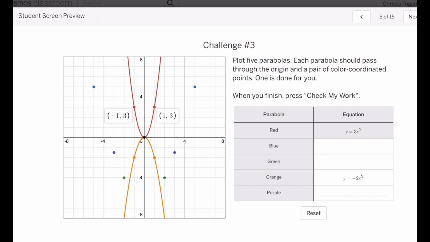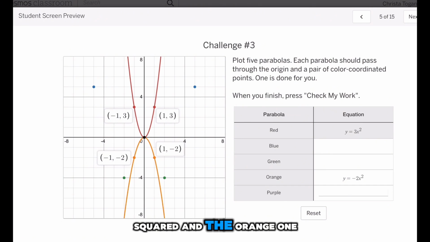Okay, the orange one is a little bit more wide, and look at the difference in number. The red one has a 3 in front of x squared, and the orange one has a 2, but it's negative, but that made it a little bit wider.